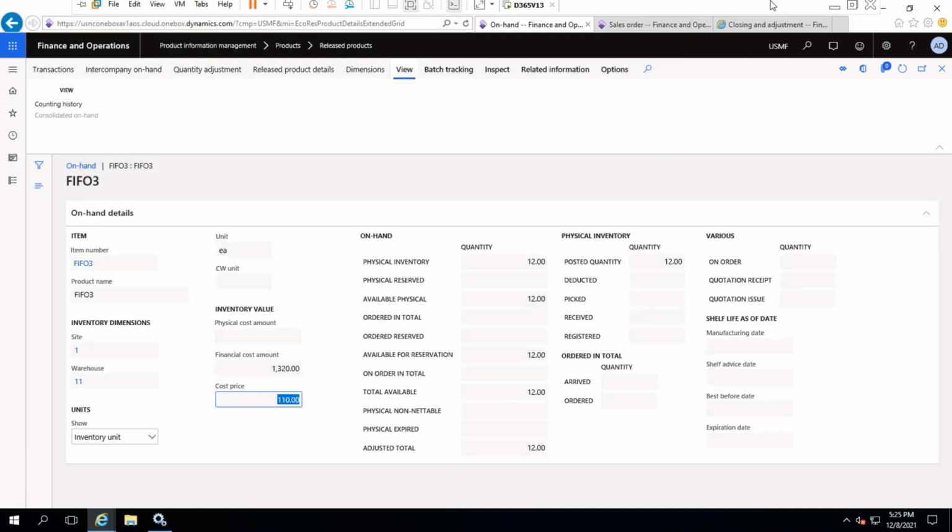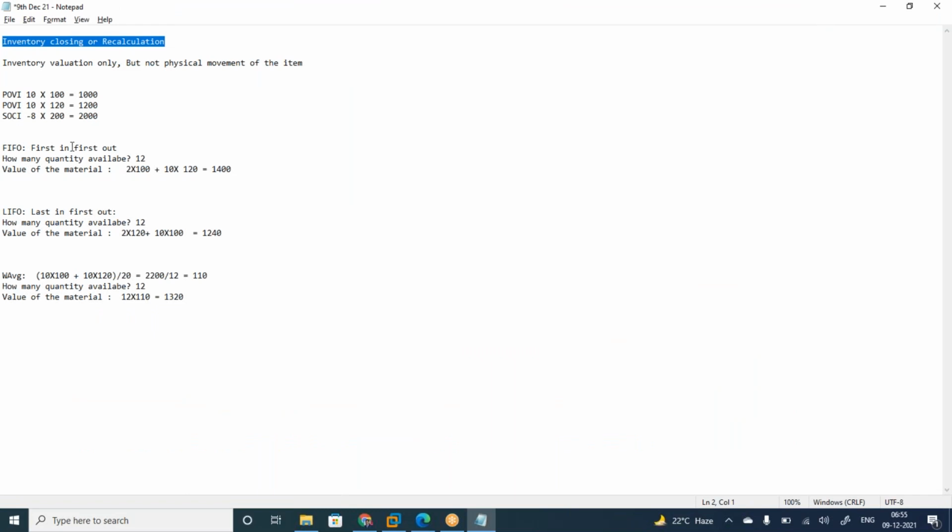So always, even if you map FIFO, LIFO, or any average method, inventory closing or recalculation should be executed. Inventory valuation, inventory closing, or recalculation should be executed periodically.